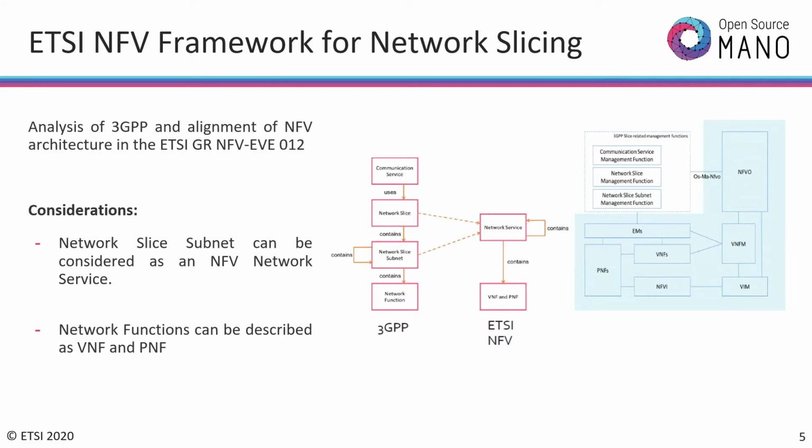So in summary, we have two important things. One is the network service composition, and the other is the network slice subnet share.